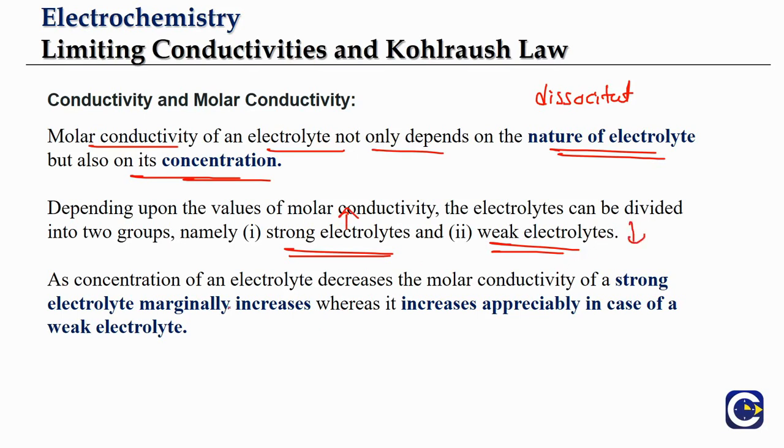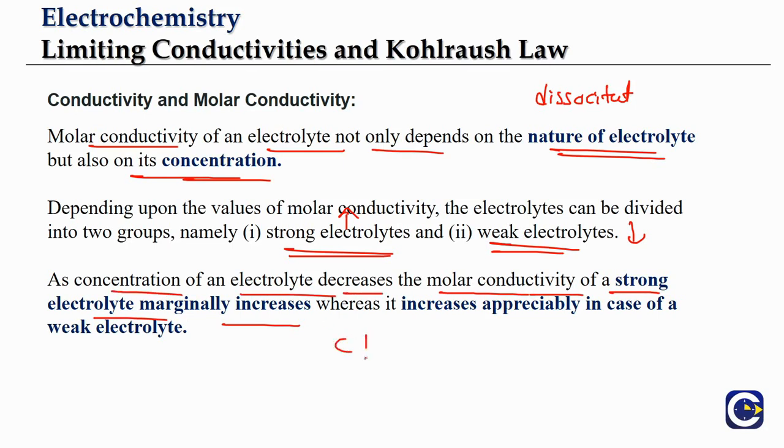Now if we look at a particular concentration, the strong electrolyte will definitely have a higher molar conductivity than the weak electrolyte. But what we see is the molar conductivity of strong electrolyte will marginally increase as we decrease the electrolyte concentration.